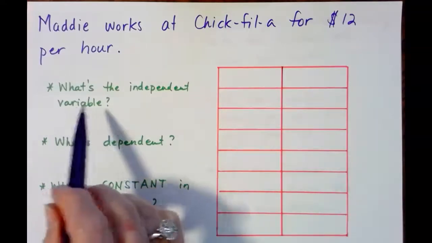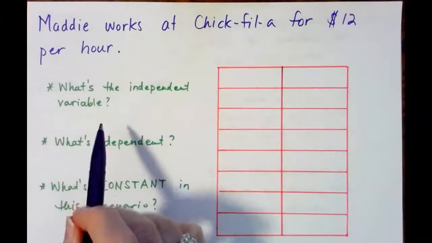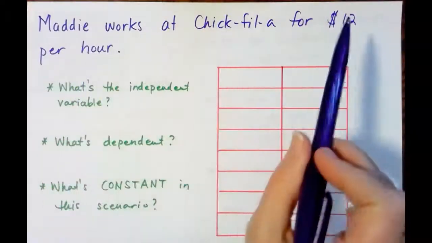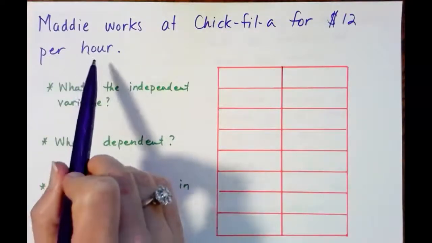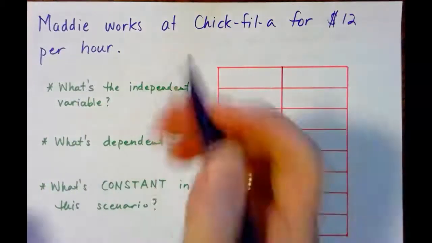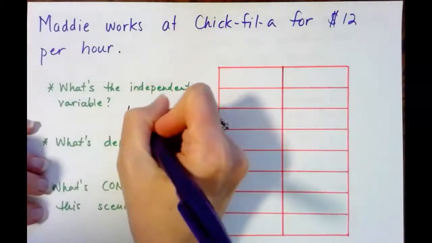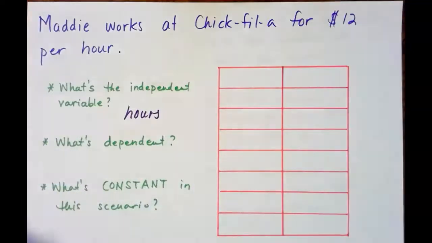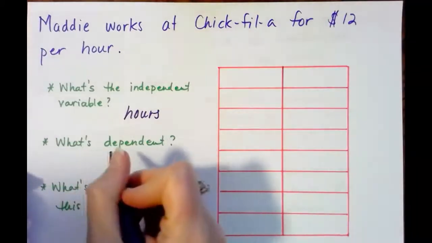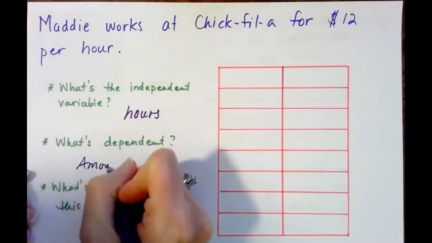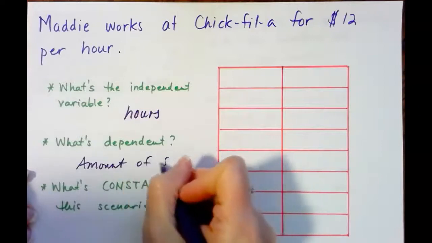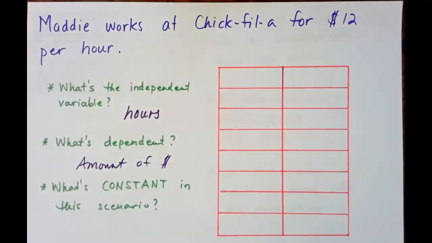So first of all, what's the independent variable? If Maddie works at Chick-fil-A for $12 per hour, the independent variable is the number of hours. We've talked before about how almost always time is the independent variable. What's dependent here is the amount of money that Maddie will be paid.